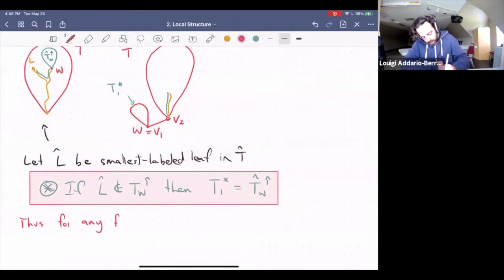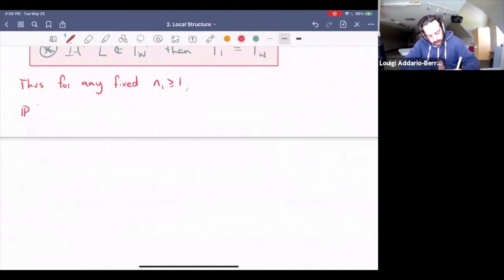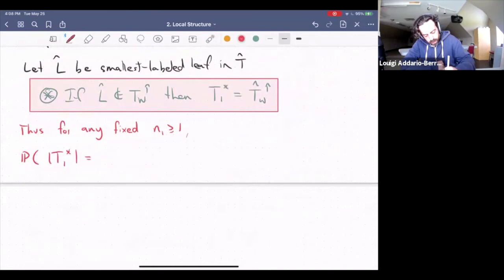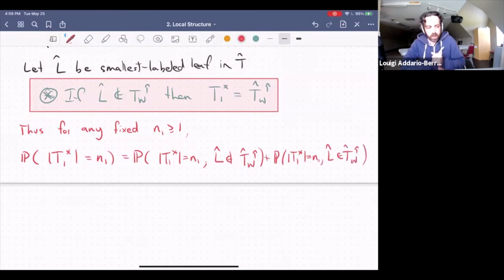So for any fixed value, I'll call it N1, since eventually we're going to have a sequence of these, if we want to compute the probability that the subtree rooted at V1, T1 star, has size N1, I can write that as the probability that the subtree has size N1 and L hat is not in that T W up arrow, plus the probability that T1 star has size N1 and we got unlucky, L hat is in the subtree rooted at W in T hat.